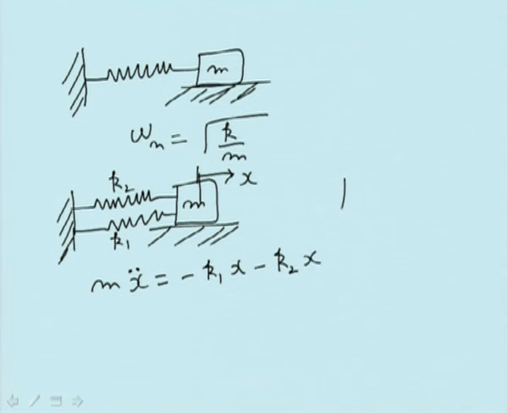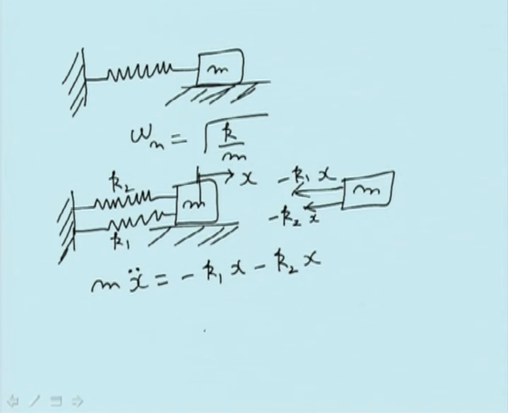If you make a free body diagram of this mass, you indicate minus k1 x and minus k2 x. These will be the forces.